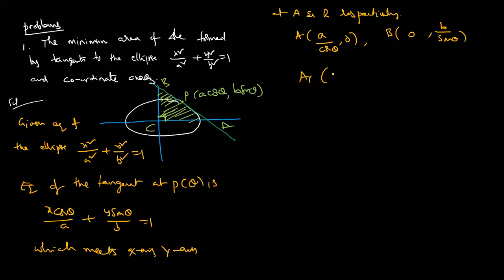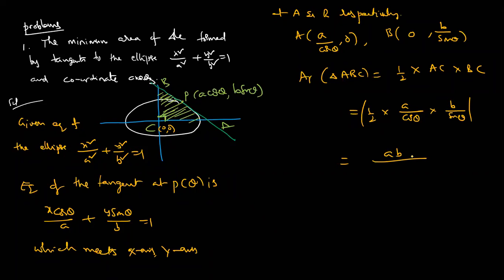Now, the area of triangle ABC, they are asking this question. Half into base into height. What is the height, anyone? So this is 0 comma 0. A by cos theta, B by sin theta. Area should be modulus.